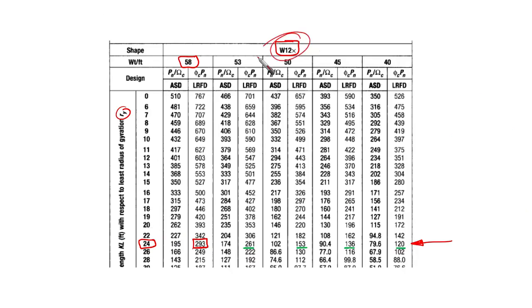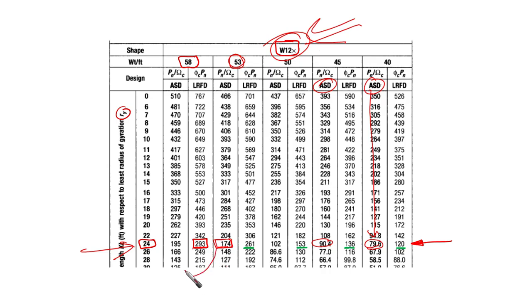Now let's go to the W12 for 24, going from the right to the left, but taking the ASD columns here. Every time we're going to have the ASD columns here. We're going to find that going until ASD, here it is 174, which is for W12 by 53.